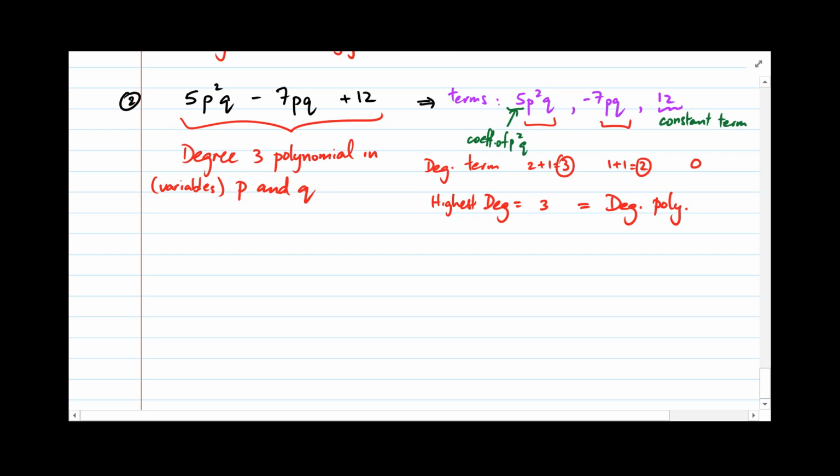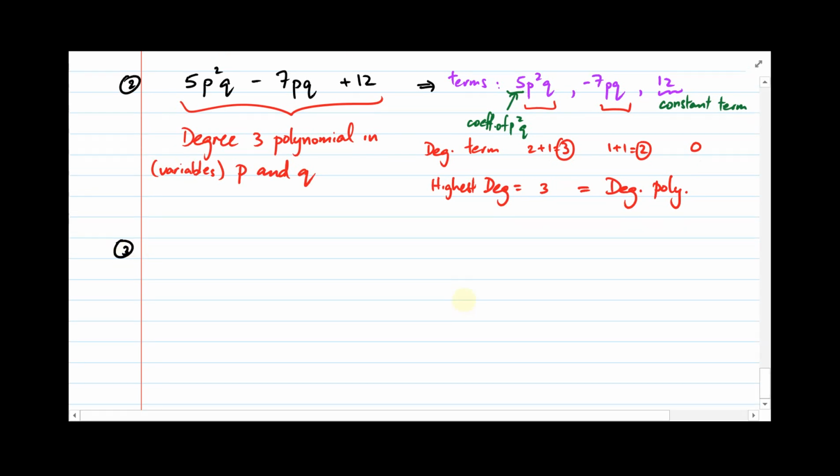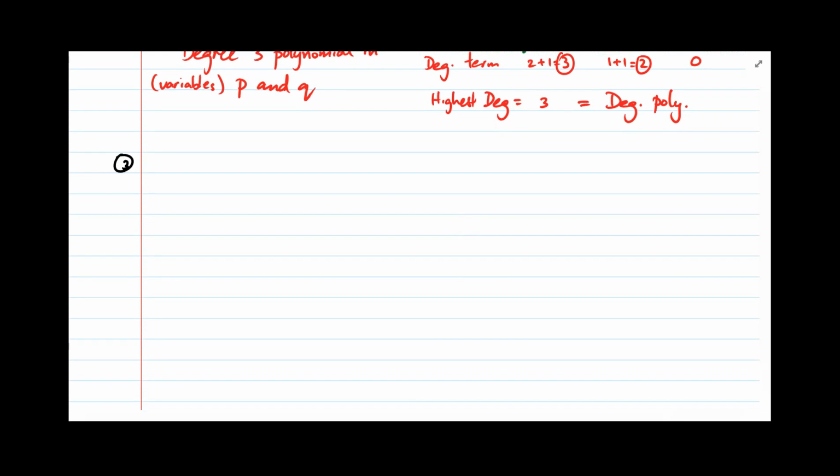All right, one more. If we have x squared plus 9 minus 6y plus y squared plus 2xy minus 3x, let's do a few things with this.